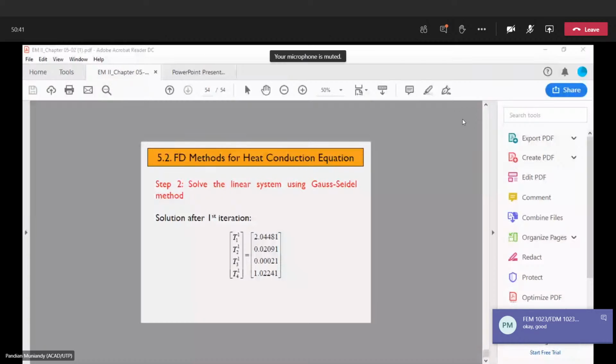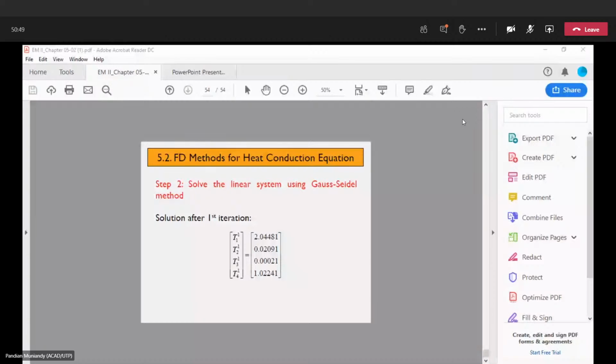Okay, T13. Now you go for the fourth equation. T14 equals 2.0875 plus 0.020875 multiplied by T13, divided by 2.04175.